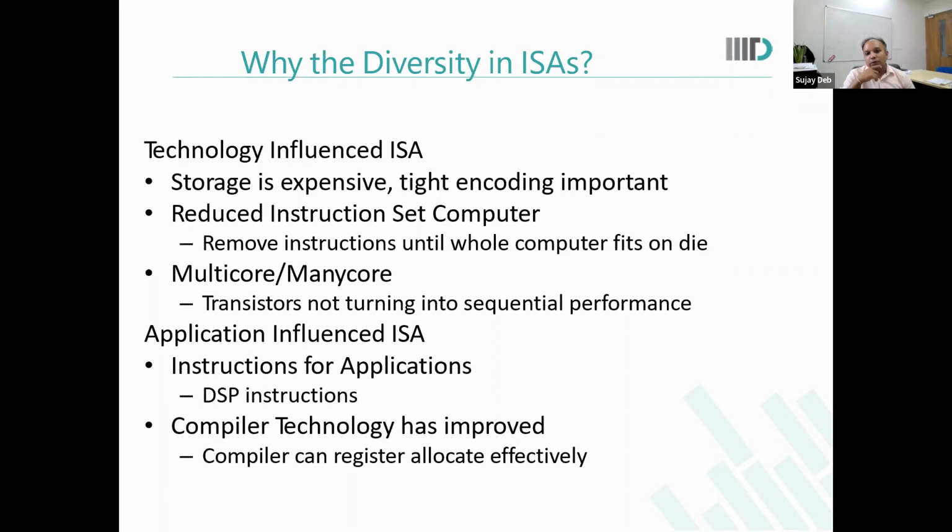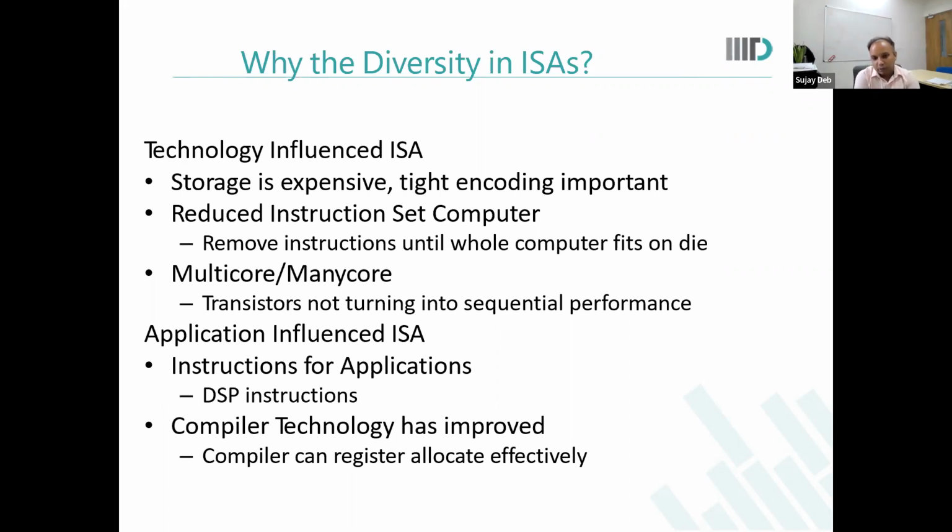And also applications like machine learning or DSP, where you need to do specific things very frequently, for example video encoding, video decoding, or a lot of data crunching. Based on that, your microarchitecture might also evolve.